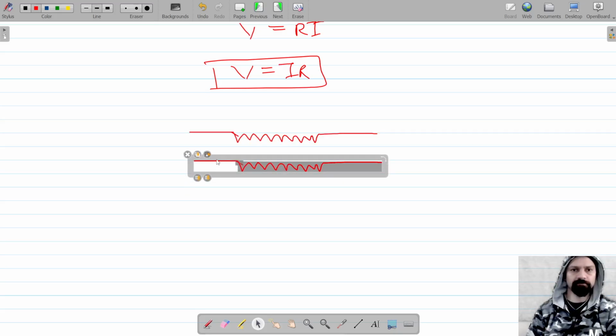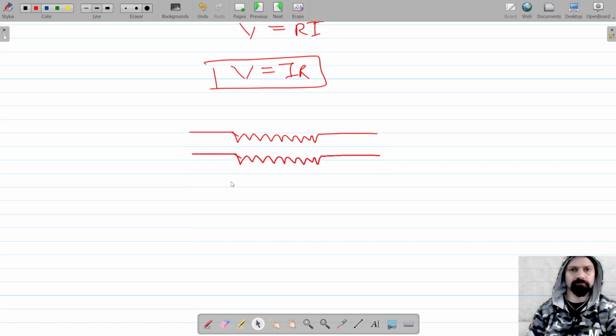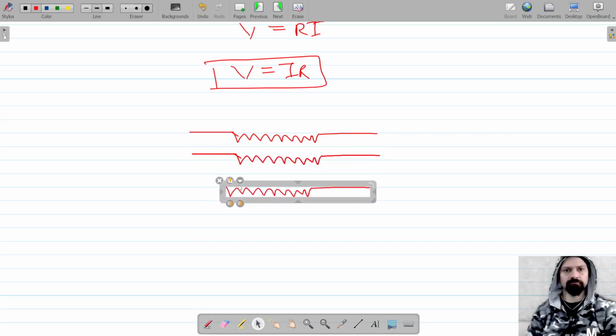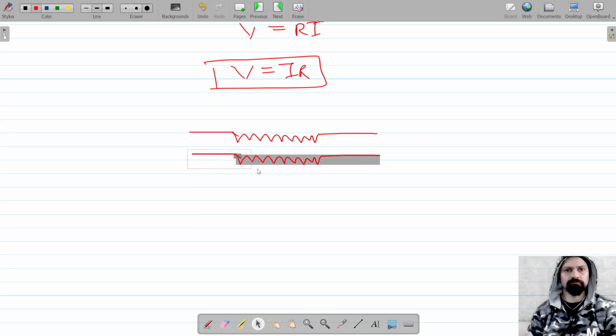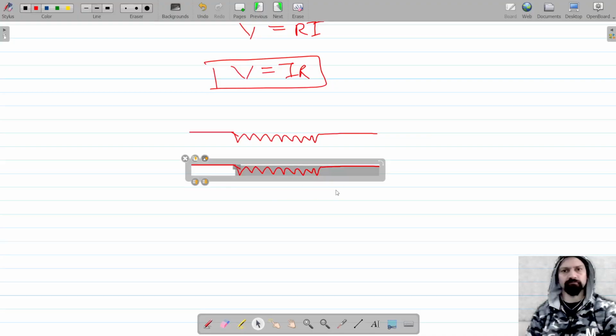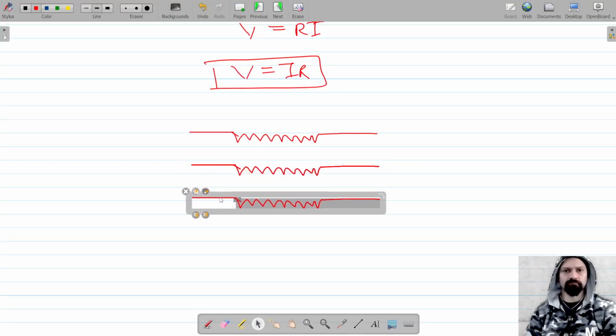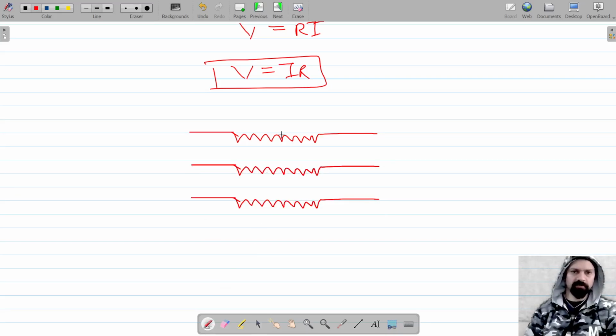Next देखो, these are the three resistors that are connected in parallel, R1, R2, and R3.